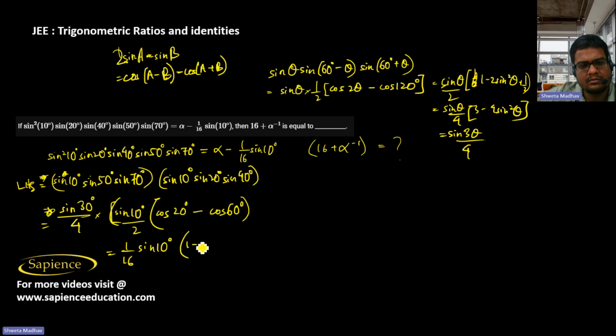I can write 1 minus 2 sine square 10 degree minus, this is half.